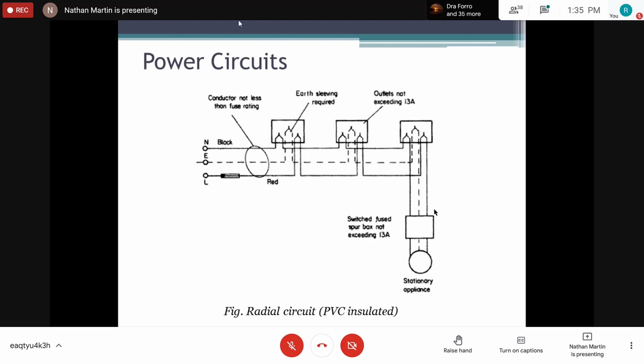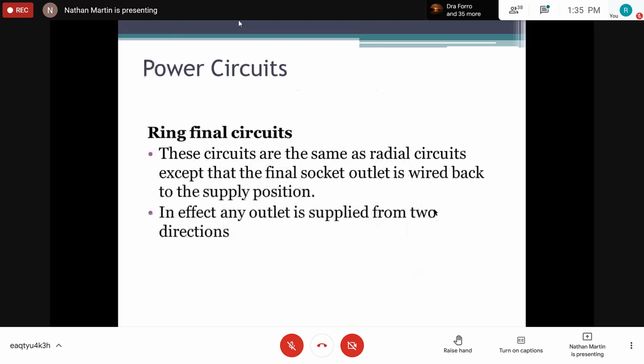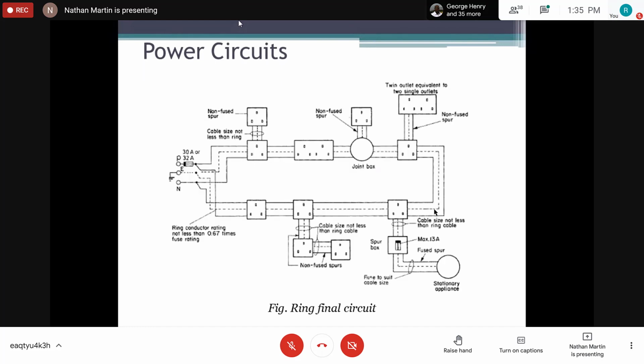When we talk about our ring final circuit, we talk about it being fed from both ends. So this is our ring final circuit. At our distribution point, it is fed in this direction and it is fed in this direction, right? This is a more stable form of connection.